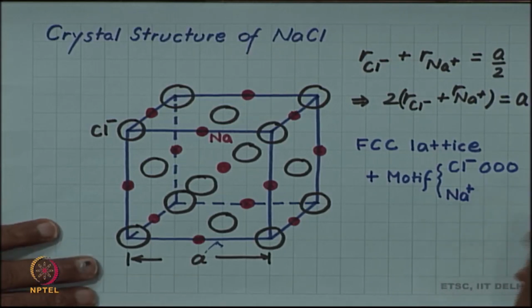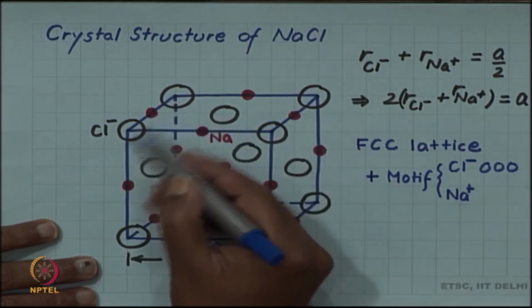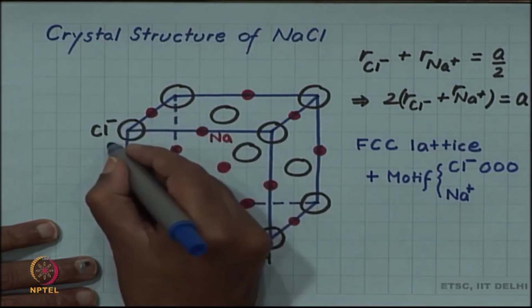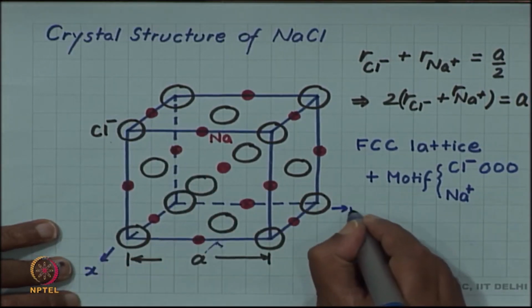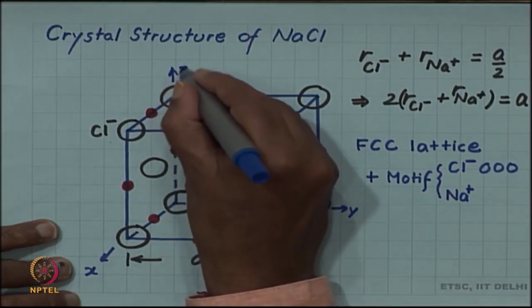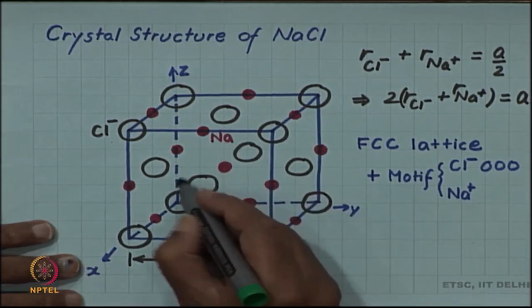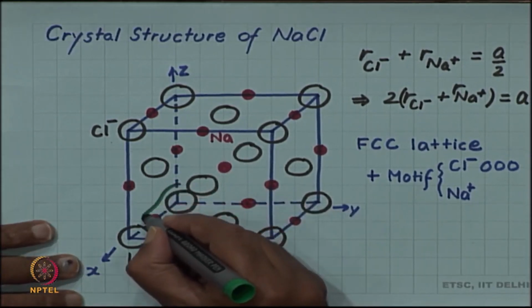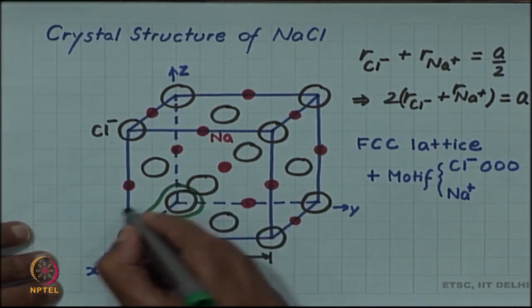The sodium ion, you can select a nearest sodium ion which will be along, let us say if this is the x, y or z, a nearest sodium ion along the x axis.